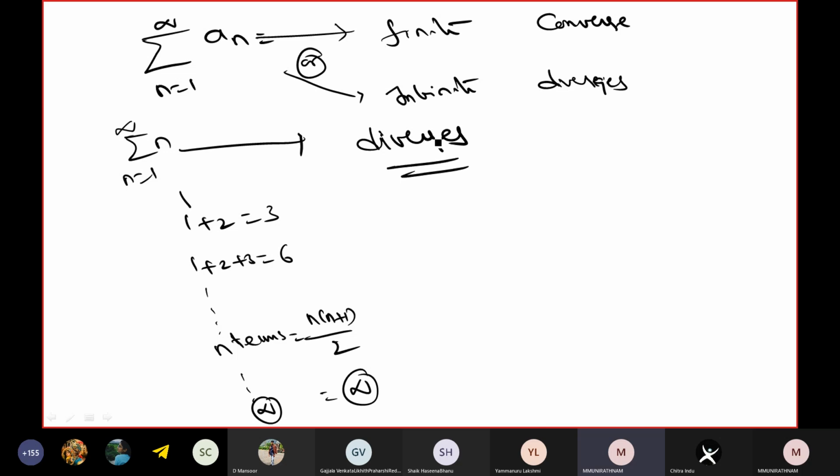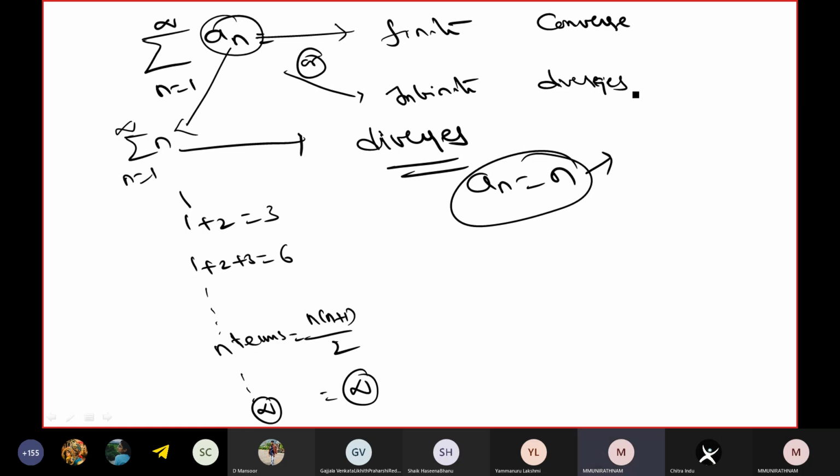So for what kind of terms? Ikkada my an is n, I will take. So my an is ikkada n తీసుకున్నాను. an equal to n అవడం ద్వారా ఏమైంది, the series diverges. Means that the sum we are unable to find, okay na, if an equal to n.